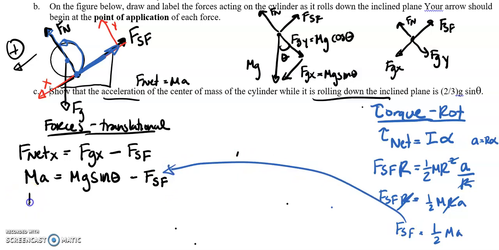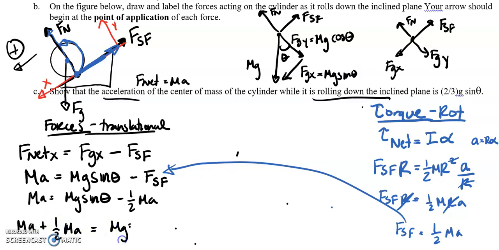So then we're left with ma equals mg sine theta minus force of static friction, which is 1/2 ma. Great, I'm solving for a, so I'll move everything with a onto the same side. So we have ma plus 1/2 ma equals mg sine of theta.